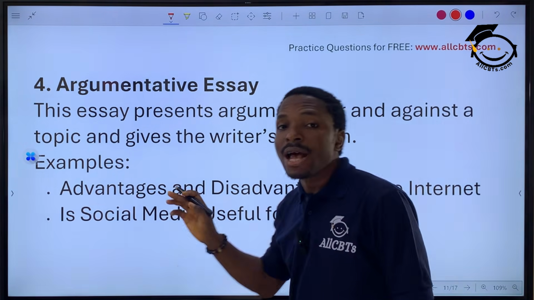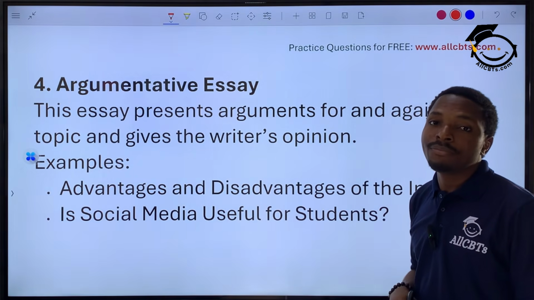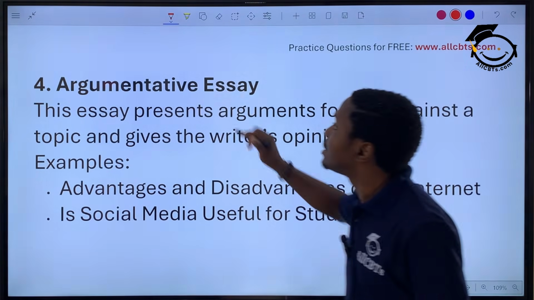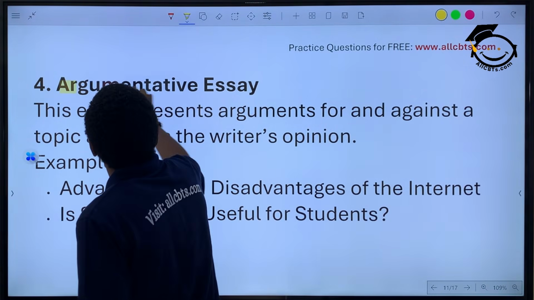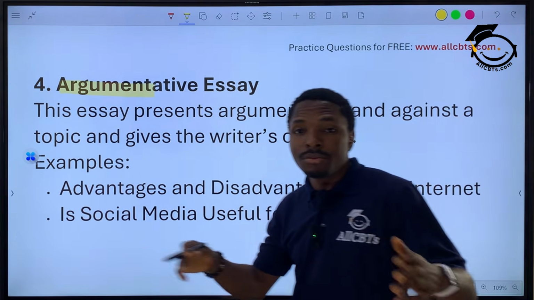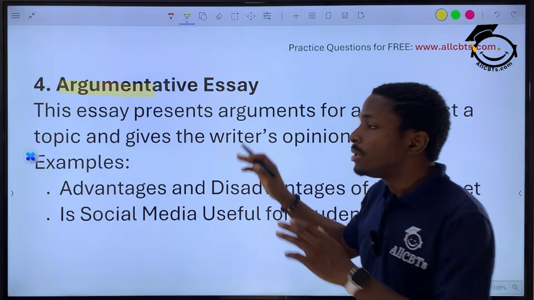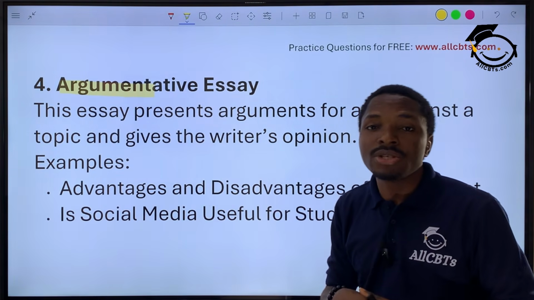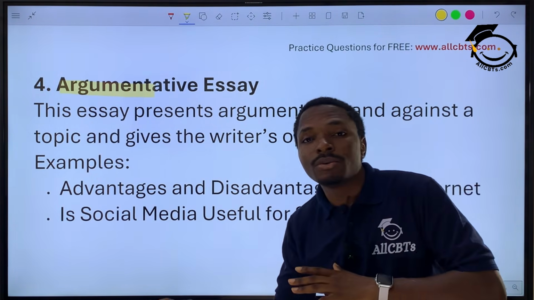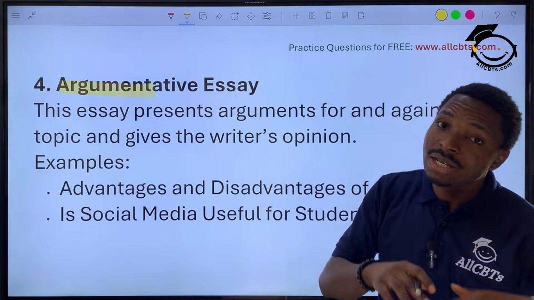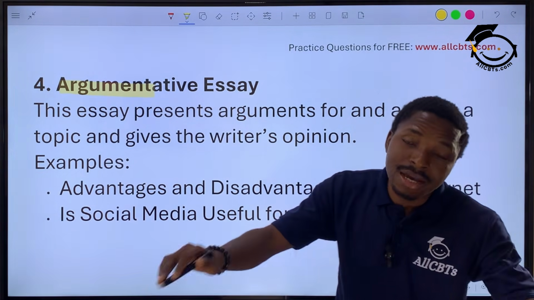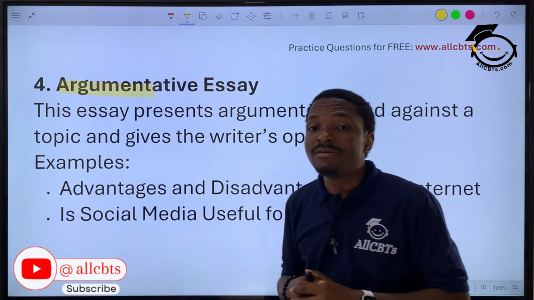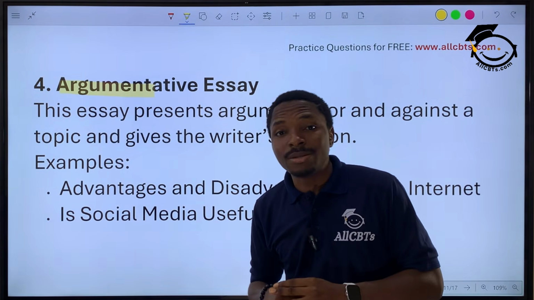The fourth one is argumentative essay. Argumentative. Now, as the term goes, it means to what? To argue. So, an example of this would be what? In your debates, debate session that you have in school, where you argue, boy is better than girl. Those are the lay type of argumentative essays we have in school. Farmer is better than doctors.